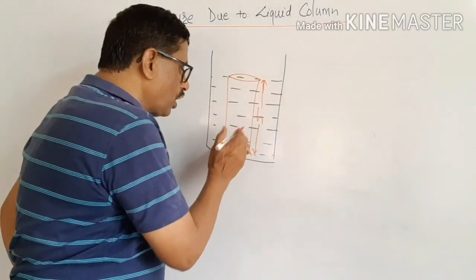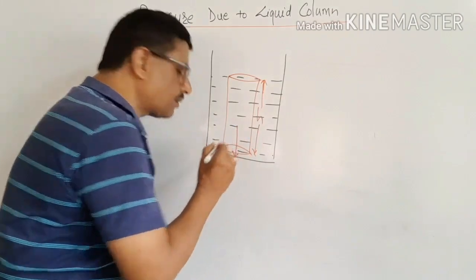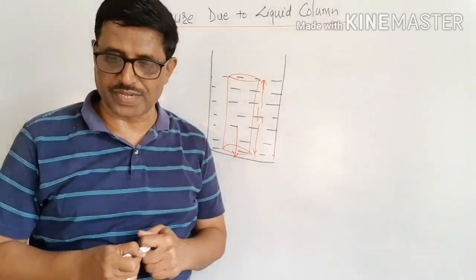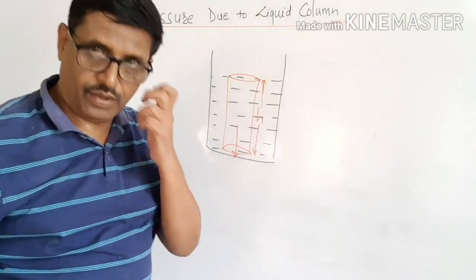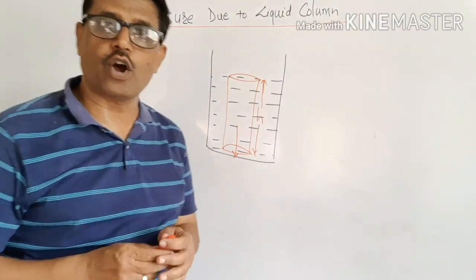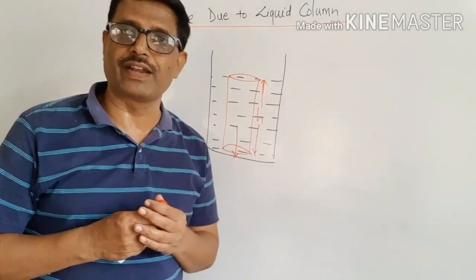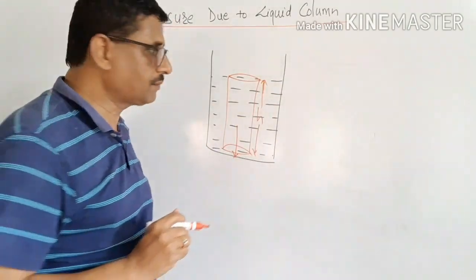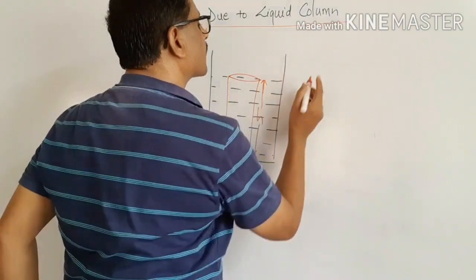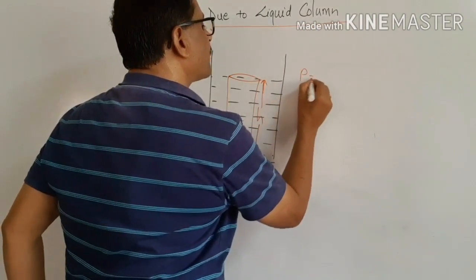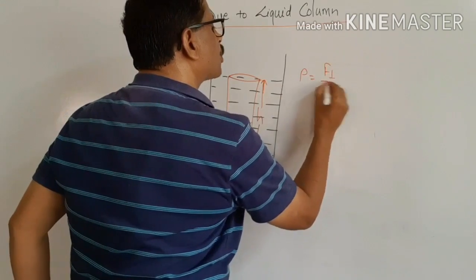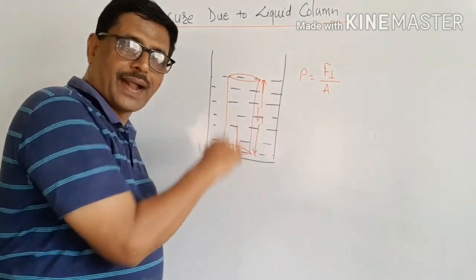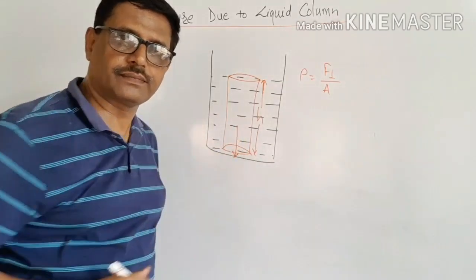This liquid column exerts pressure on the bottom of the container. We will find out how much is the pressure exerted by the liquid column. For that, we will write pressure is equal to force perpendicular upon area, the force which acts perpendicular to the surface.